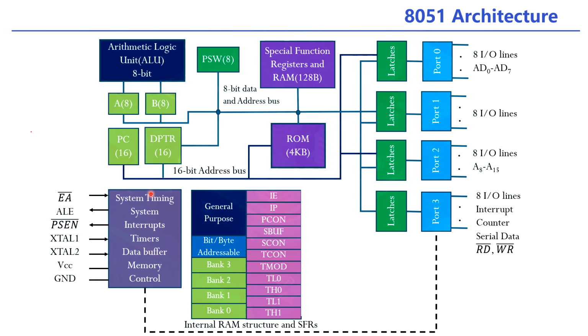So these are the things we can see for the expansion of port 3. And this is also available: EA, that is the external access, right? You see here, ALE, address latch enable, available, right? PSEN, that is the program store enable. These are connected with the 8051 microcontroller.